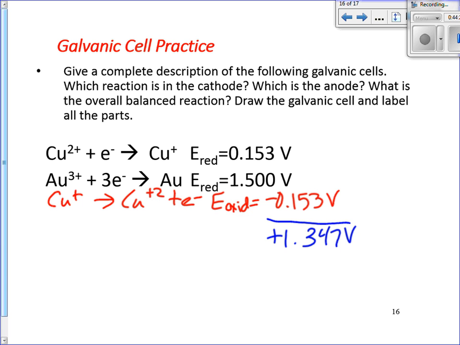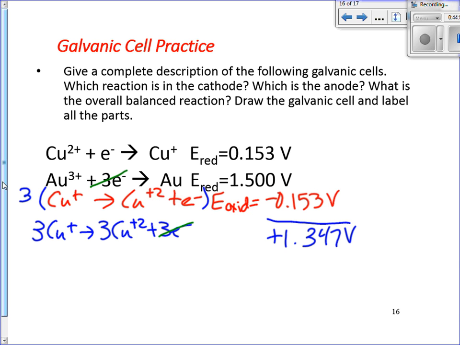You also need to balance the reaction. So how do I balance and make the overall reaction? I got to multiply this one by 3. So I get 3Cu going to 3Cu2+ and 6 electrons. Therefore, I can cancel electrons with electrons and write my overall.